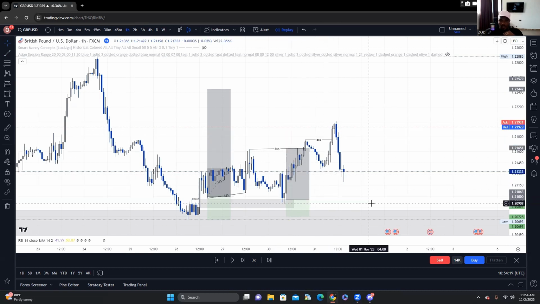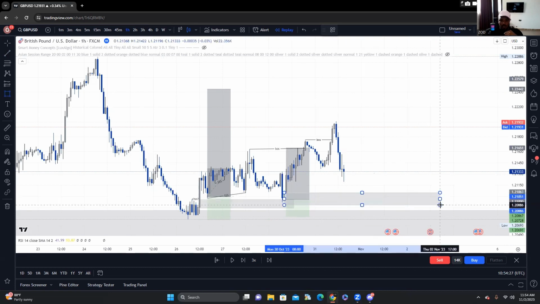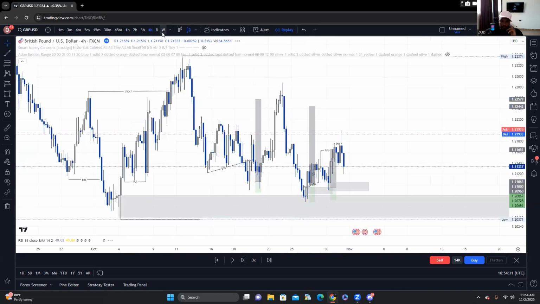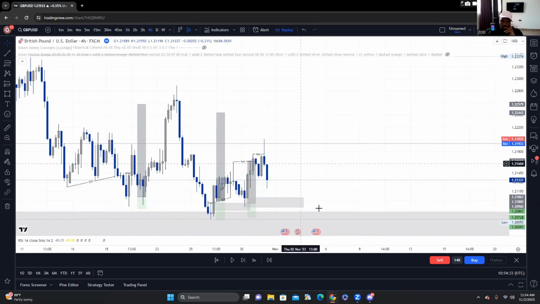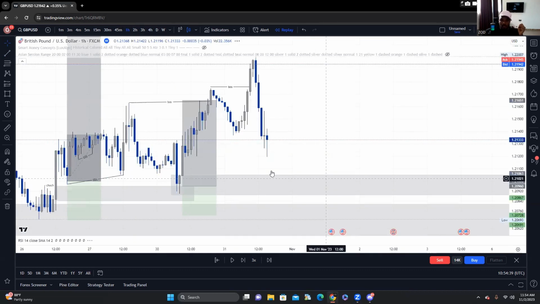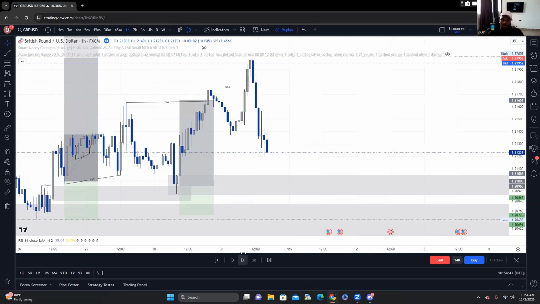And then there's this order block resting here. I don't know if you can see this order block resting here. So that's also a possibility too if you're looking at it from this 1 hour time frame. Let's see what 4 hour looks like. Okay, so that's a possibility for another trade again. If price comes here, you don't just jump in, you have to wait and see or search for other confluences that can make you want to get into that trade.